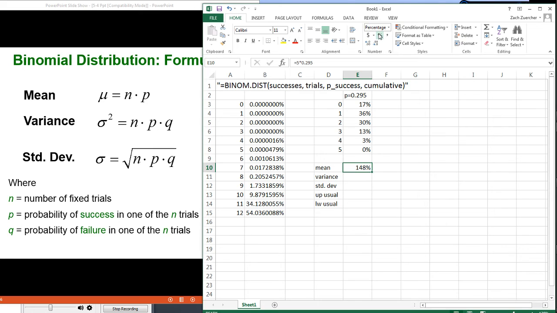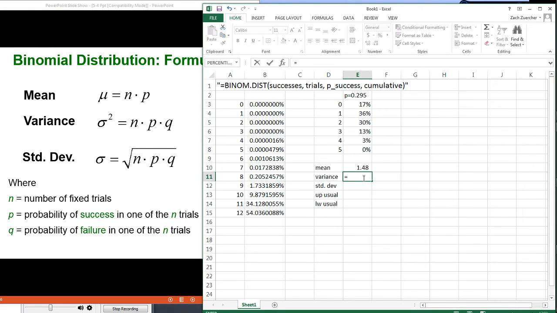We want this as just a plain old number. So 1.48. So the mean is between 1 and 2. That looks about right. It tapers off to 17 on one side, tapers off to 13 on the other. So the mean is right in here at 1.48.